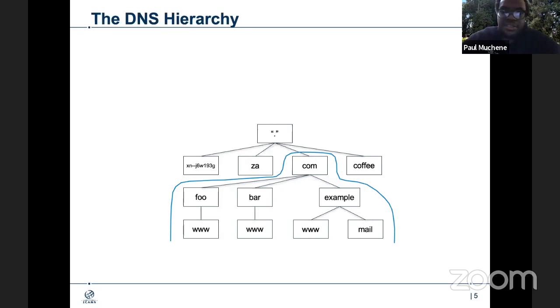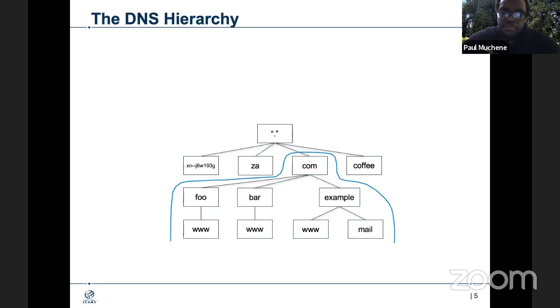The root sits at the very top of the DNS hierarchy. It is actually indicated by this dot that you see there. From the root, the top level domains are delegated. Delegation means that from IANA, which is a function managed by ICANN, you have organizations and companies, and even some owned by government.